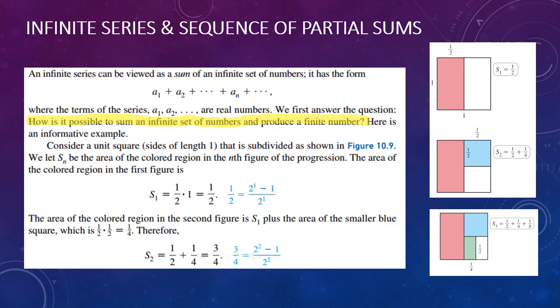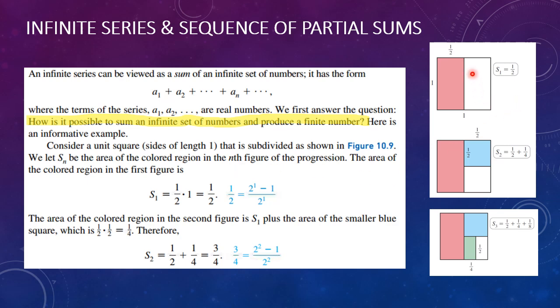Well, let's look at an example, a pretty standard example in calculus for this type of explanation. On the right here, you see a unit square with sides equaling 1, so the area of the square is 1. Let's subdivide that square, as we see in the top picture, and let S sub n be the area of the colored region in the nth figure.